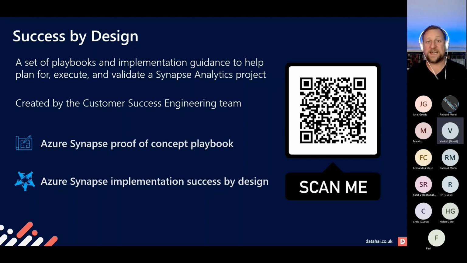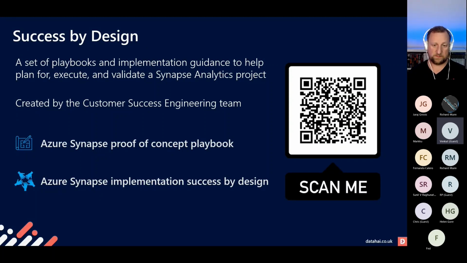I'm not going to talk about the implementation Success by Design too much, but essentially it is a list of validation criteria against various aspects of your Synapse project. Number 1, your Azure subscription environment, your Synapse workspace setup and configuration, how you're loading your data, how you're configuring your security.